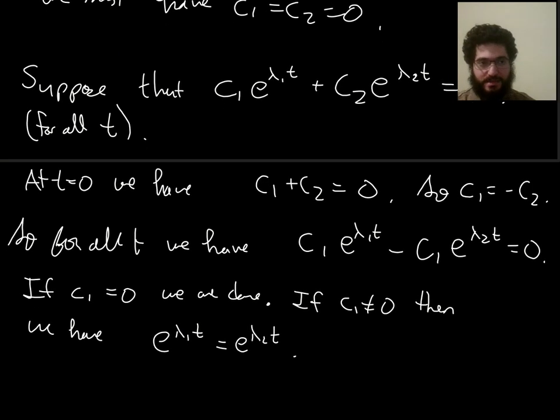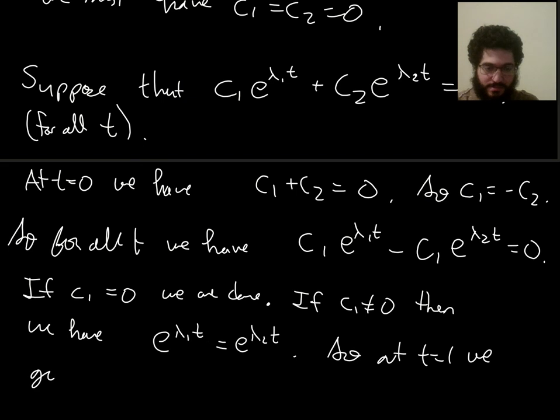Let's see. Try plugging in t equals 1. At t equals 1, we get e^(lambda 1) equals e^(lambda 2). Now take the log of both sides.